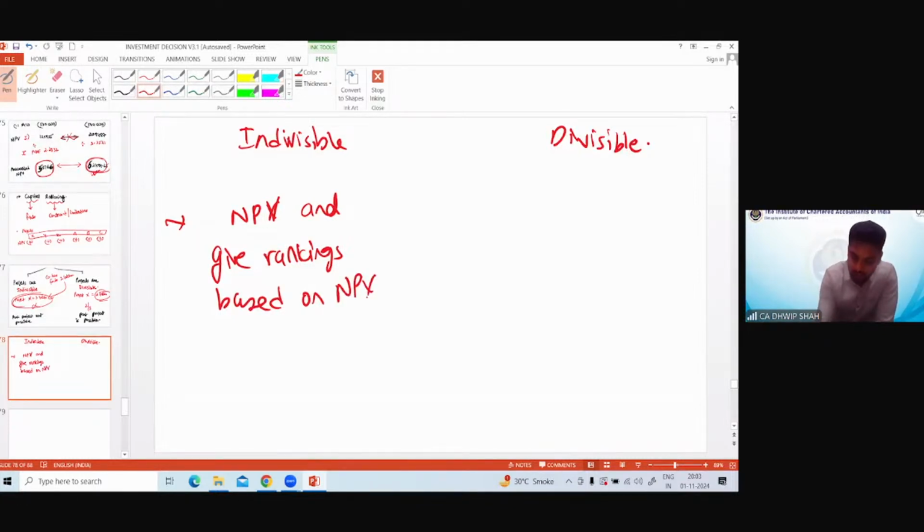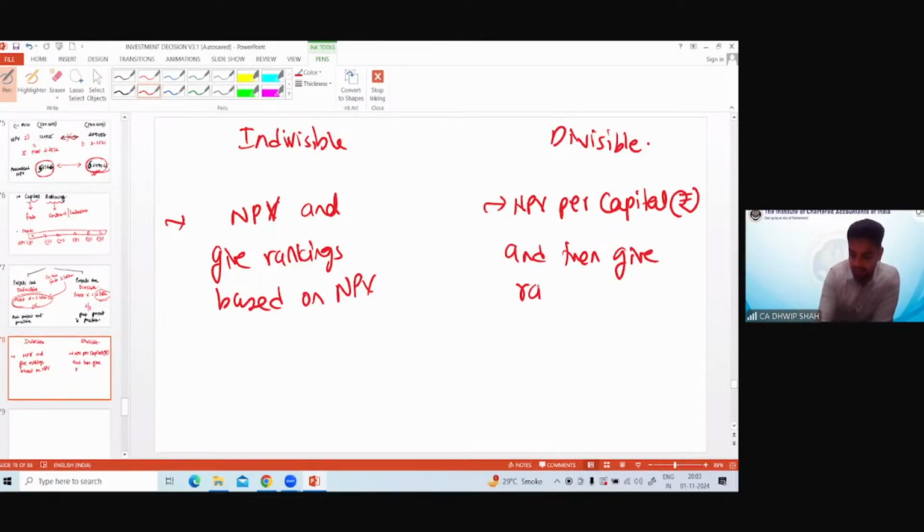Here, this technique says you calculate NPV per capital rupee invested. You calculate NPV per 1 rupee invested and then give rankings.